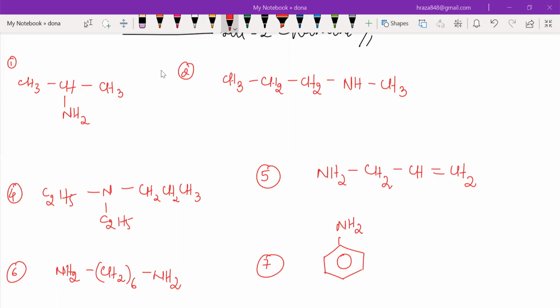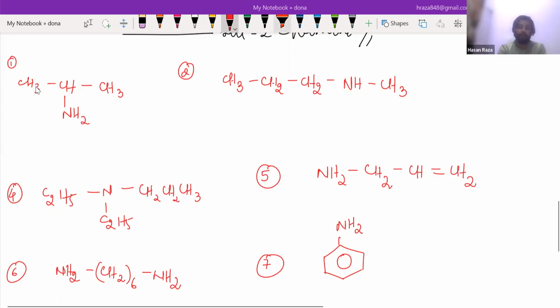Now you need to number it. You cannot number from here because you are jumping in between the carbon. So you just need to number it from 1, 2, 3. Yes or no? Yes, sir. Now the name will be, there is no substituent. Can you see any substituent here? There is no substituent, right?